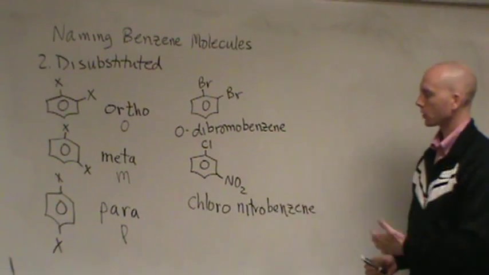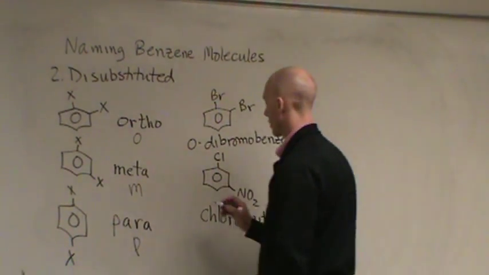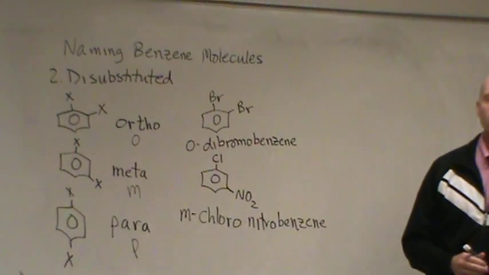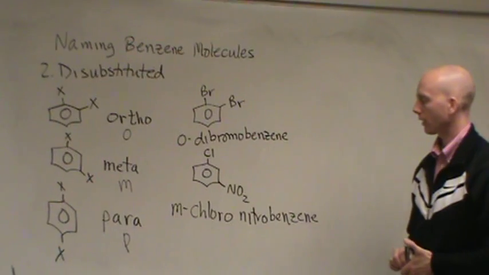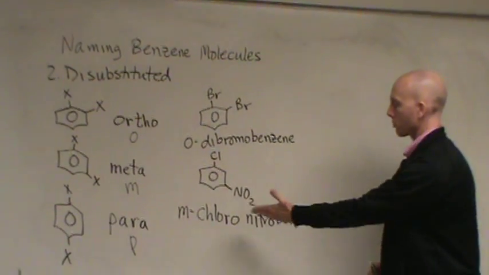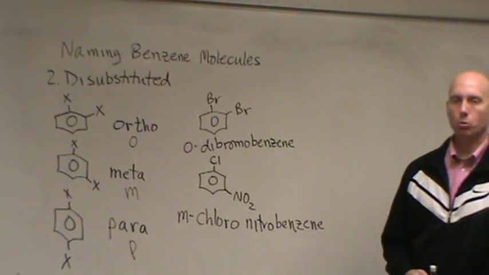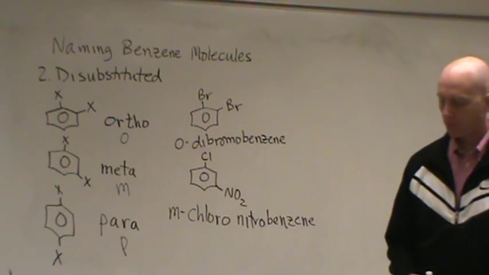But again, what are we missing? The relationship. They are meta to each other, so we have an m in front. So you should be able to draw the ortho isomer and the para isomer as well. Okay?